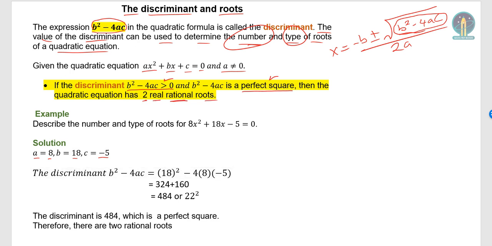Calculating the discriminant, we get b squared minus 4ac, so we get 18 squared minus 4 times 8 times minus 5, and then evaluating it, we get 484, or 22 squared. So since the discriminant is 484, which firstly is positive, and secondly is a perfect square, therefore, there are 2 rational roots for this quadratic equation.